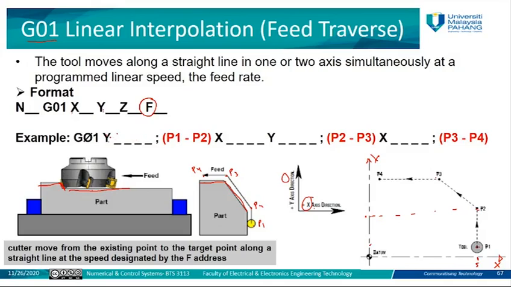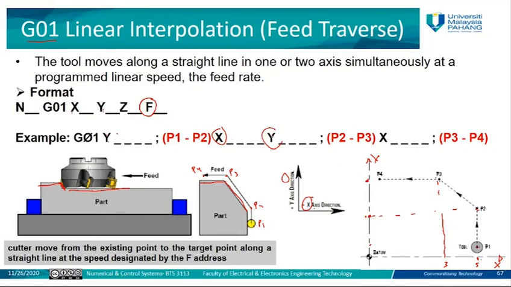Then the Y coordinate will be calculated based on the path from point 1 to point 2. Next, from point 2 to point 3, both axes will change. P2, as you can see, is placed at this area, but P3 will be placed at a different X value, for example 3. So now I have two coordinates, X and Y, because Y also changed from this point to this point.